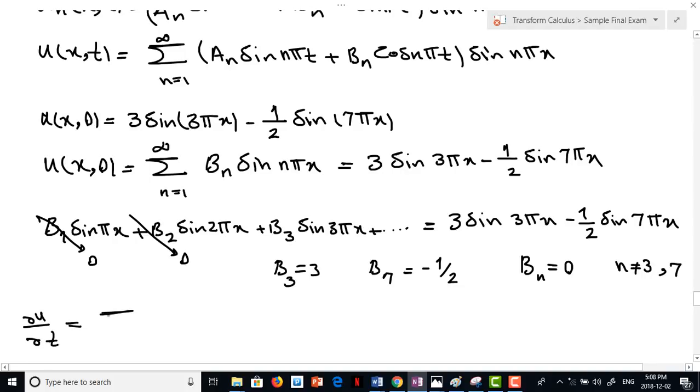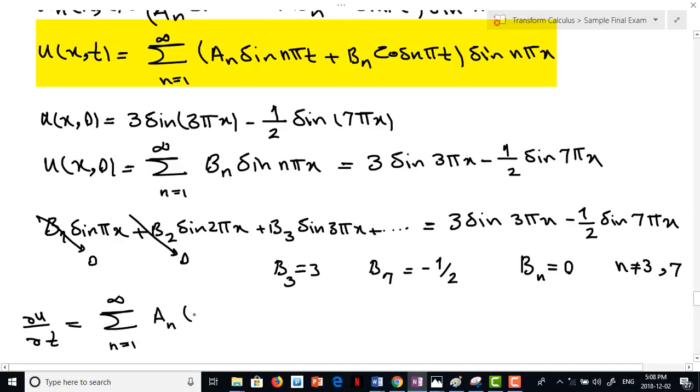It's equal to the summation of, as the derivative of sine, an times n pi times cosine n pi t.